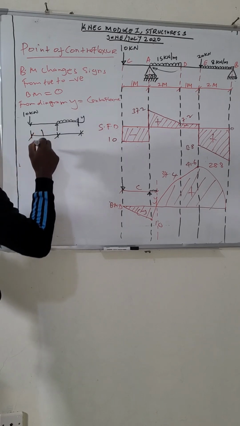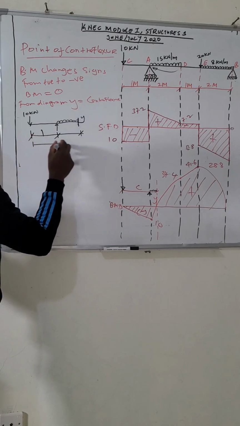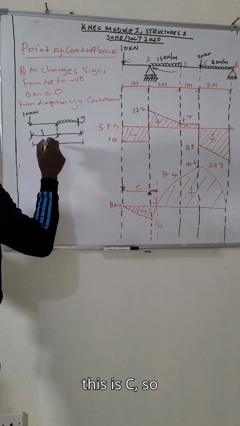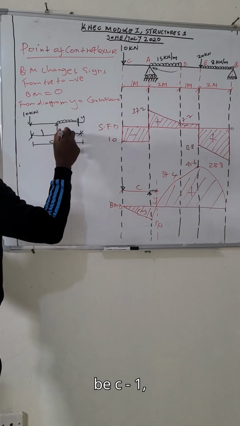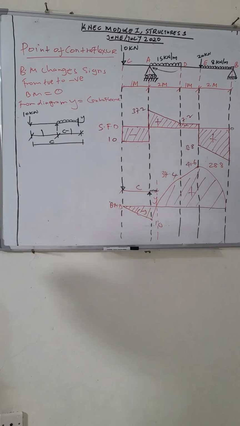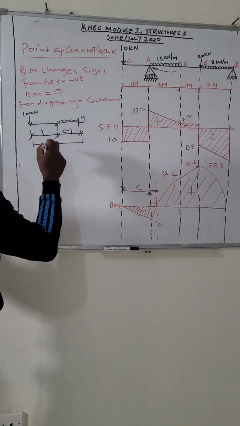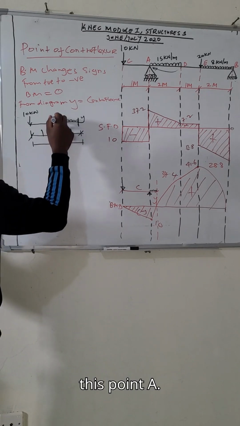So that is 1. This is C, so this one will be C minus 1. And this is point A.